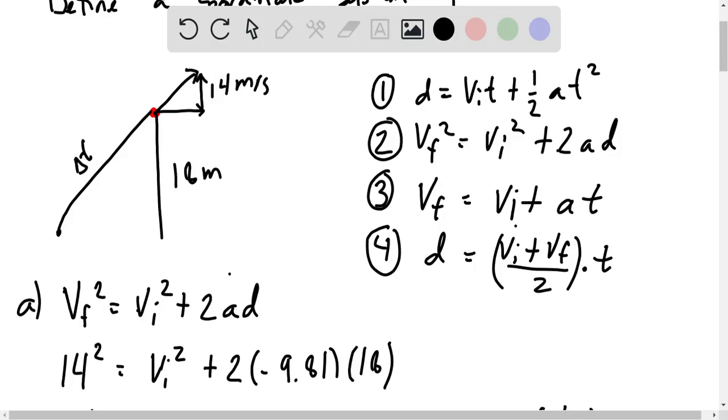This statement, by the way, is simply due to conservation of energy. If I throw the object with a certain amount of speed, it has a certain amount of kinetic energy. And as it reaches the top of its trajectory, it will have gained some potential energy. And when it reaches the top, it will have no more vertical kinetic energy.